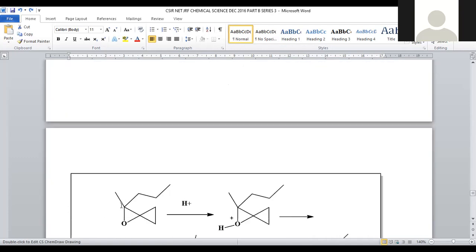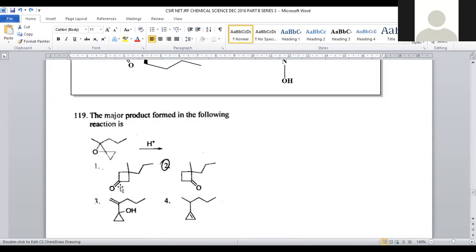So this is the final product we are expecting from this reaction. So 1 and 3 are not correct, 2 is the only correct answer. Remember, 3-membered is not at all possible, only 4-membered, because compared to 3-membered, 4-membered is less hindered. That's why option number 2 is the correct answer for question number 119.